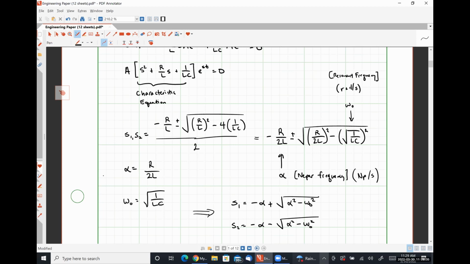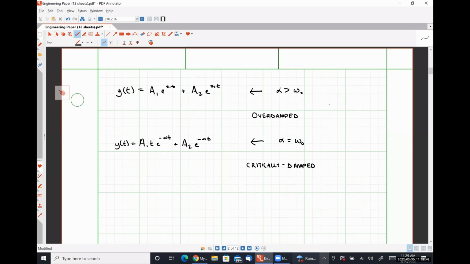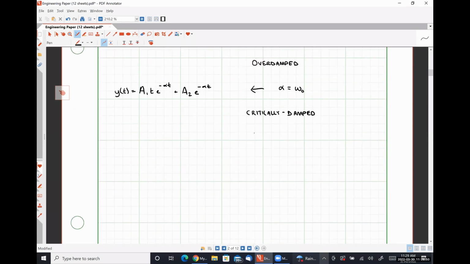So we're going to have negative alpha plus blah, blah, blah, and then negative alpha minus that same blah, blah, blah, right? So S1 and S2 are going to be complex conjugates of each other. So alpha less than omega naught.